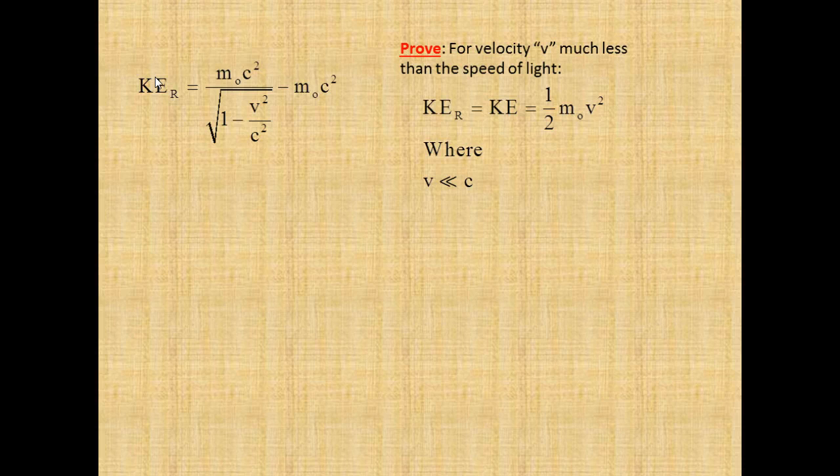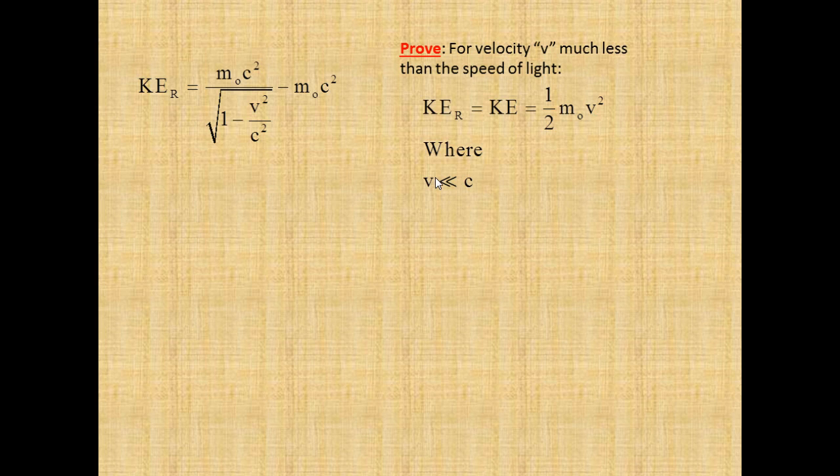So okay, we came up with this equation in one of my videos down below, somewhere on my Facebook page, and we want to prove for velocities v much less than the speed of light that this KE sub r, this relativistic kinetic energy, at these much smaller velocities will come out to be equal to the regular kinetic energy, which is 1/2 the rest mass m naught times v squared, whatever that v is.